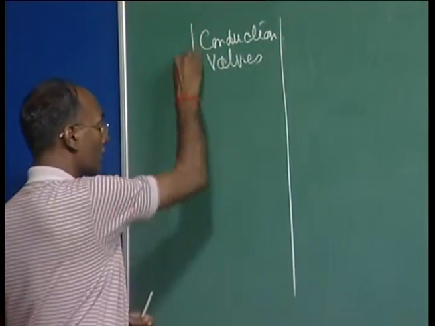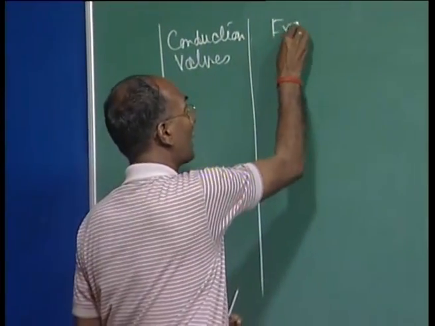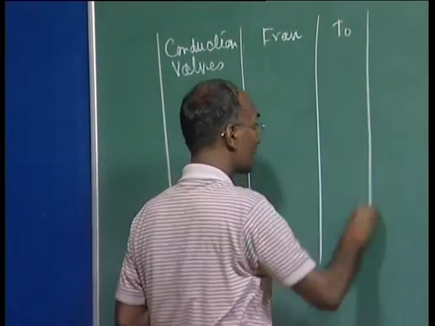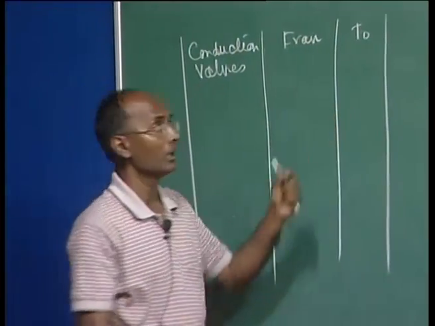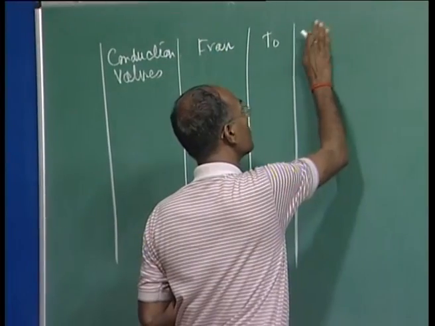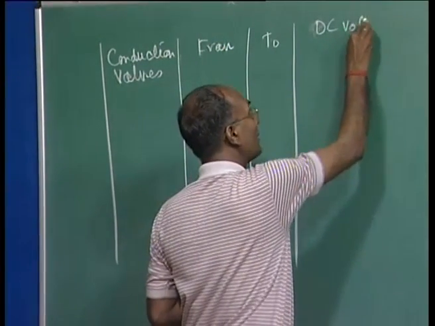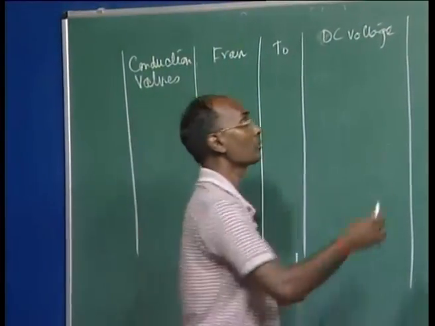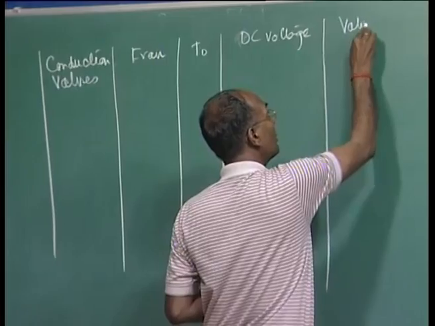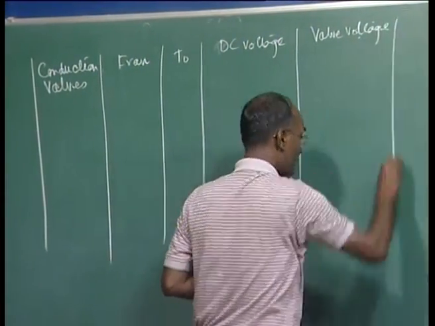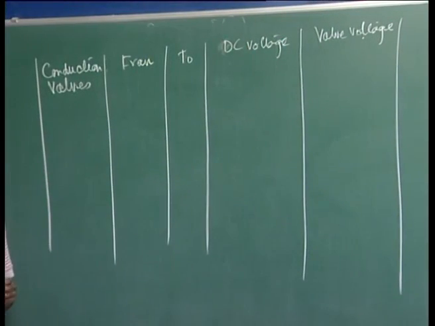Then you can write the angle range, from which angle to which angle each valve will be conducting during this period, then what will be your output DC voltage, and then if required, if you want to draw any valve voltage, what will be the valve voltage. These elements of the table can be found very easily, and then you can quickly mark them.